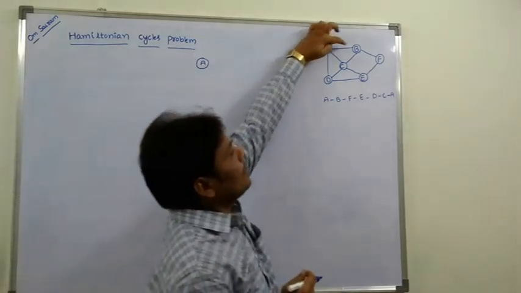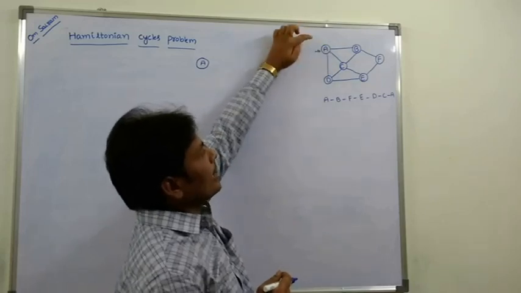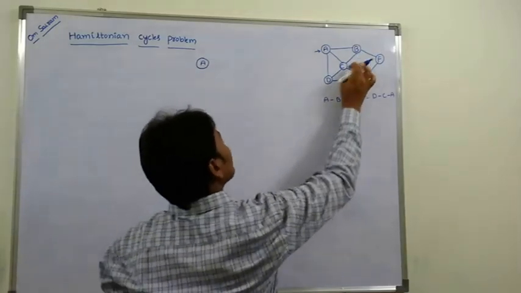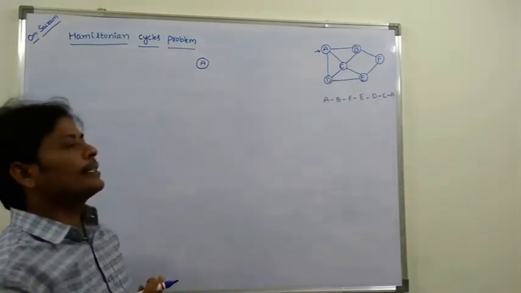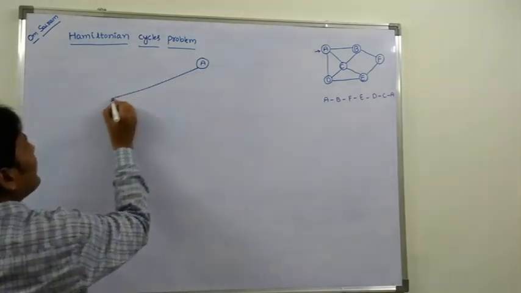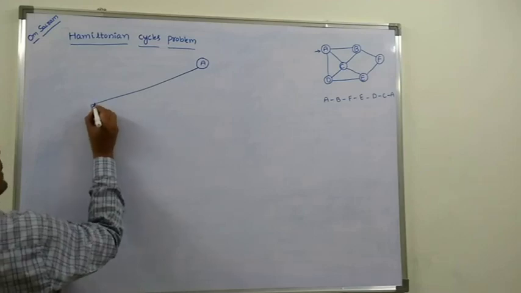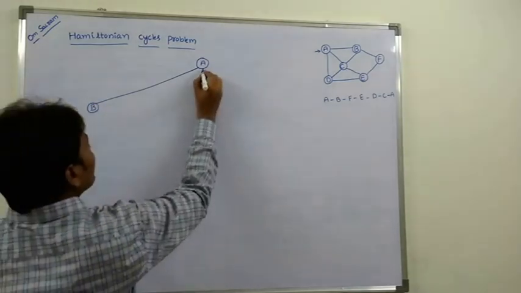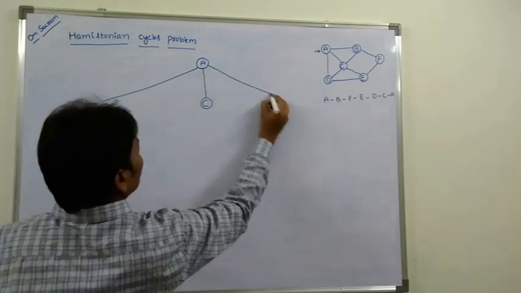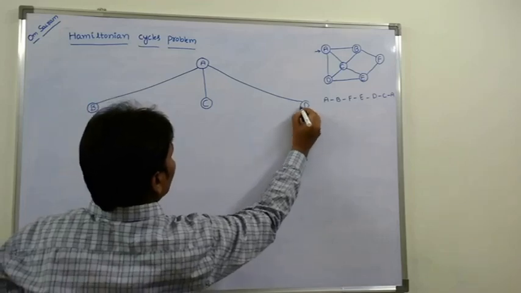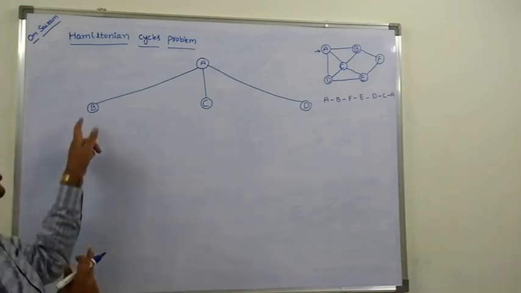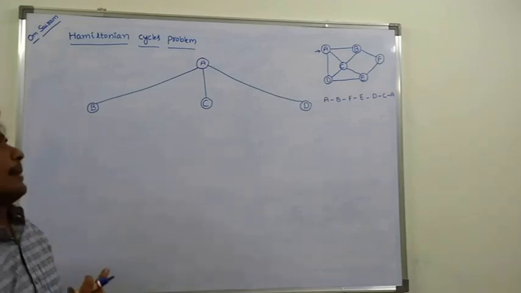A is connected with vertex B, A is connected with vertex C, and A is connected with vertex D. So B, C, D vertices are adjacent to vertex A. So now we have to take vertex B, next vertex C, next vertex D. Now we have to take the leftmost node, that is vertex B.